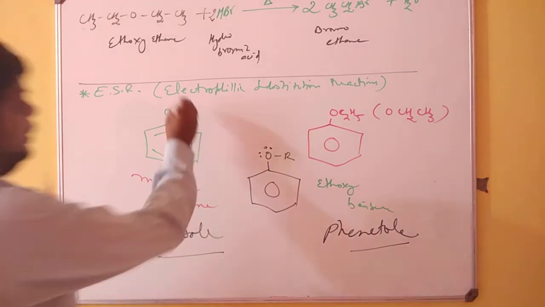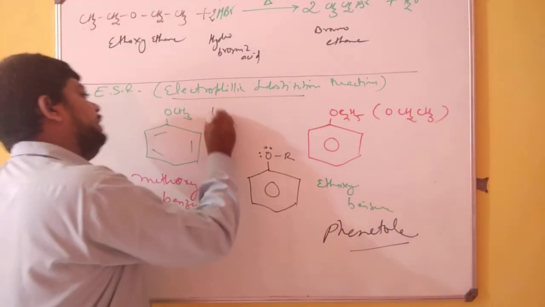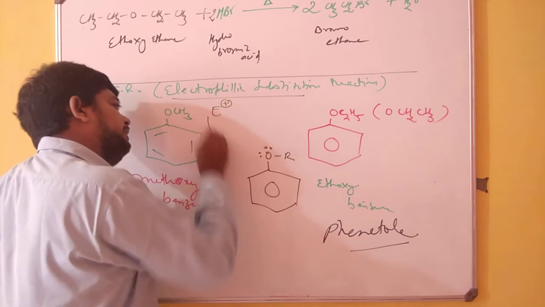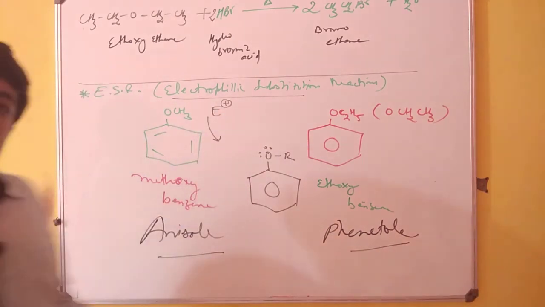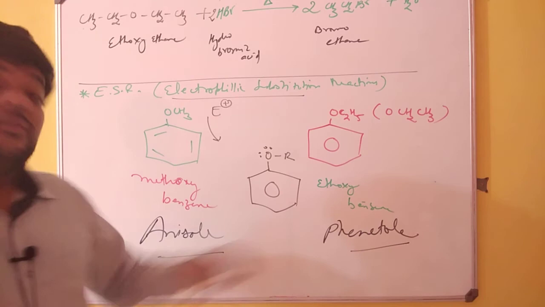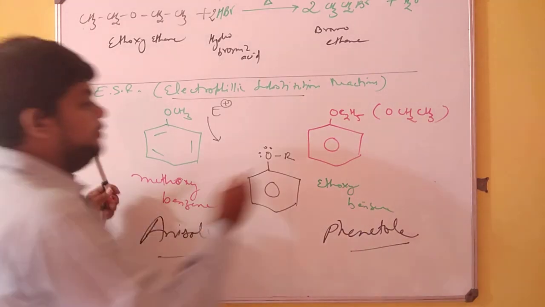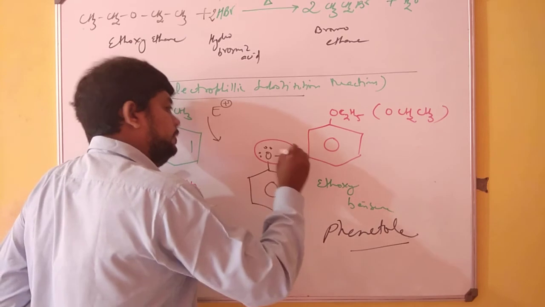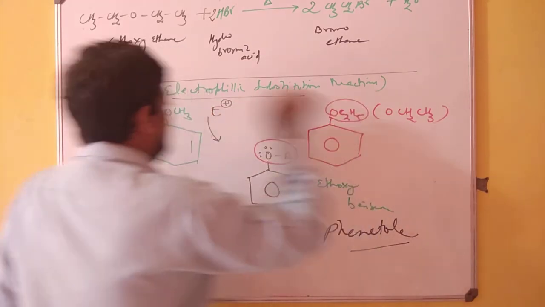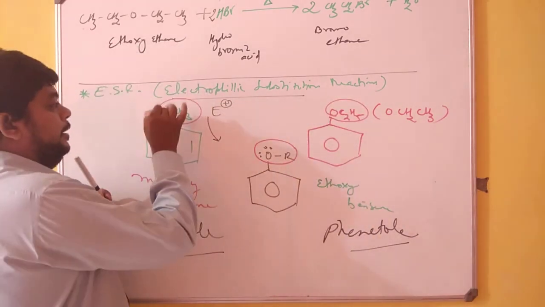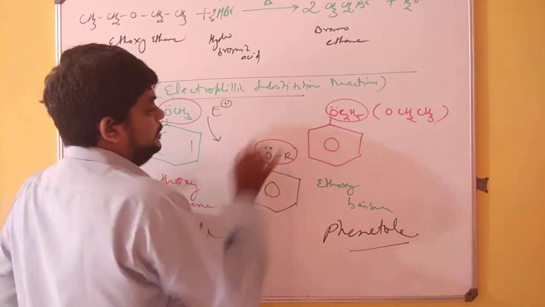Whenever we use the word electrophilic substitution, the attacking group is always E+, that is an electrophile. So now comes the question: on what position will this electrophile attack? In this case, first of all we should know that this OR, whether it will be ethoxy or methoxy, is a donor group.